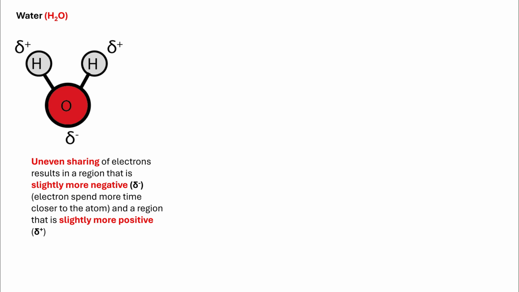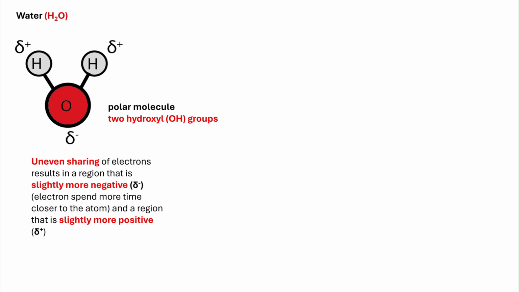In this case, the electrons spend more time at the oxygen atom than the hydrogen atom. That results in a region which is slightly more negative towards the oxygen end and another region which is slightly more positive towards the hydrogen end. That means we call this a polar molecule.